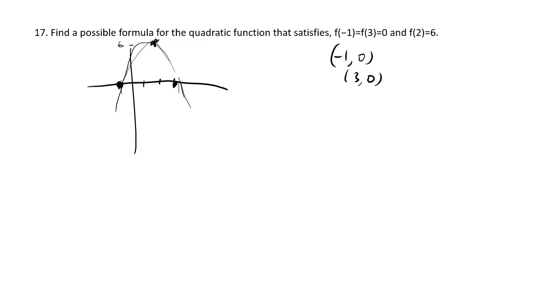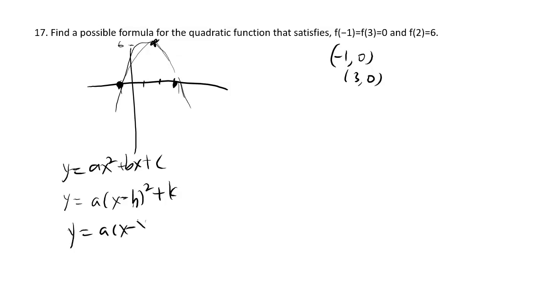Now remember we have 3 types of quadratic function equations. y equals ax squared plus bx plus c is the standard form, and then we also have a times (x minus h) squared plus k, which is the vertex form, and then x-intercept form is y equals a(x minus x1)(x minus x2).